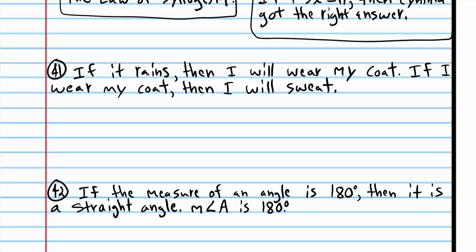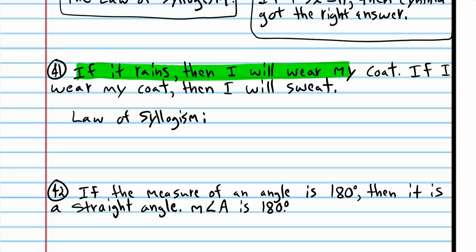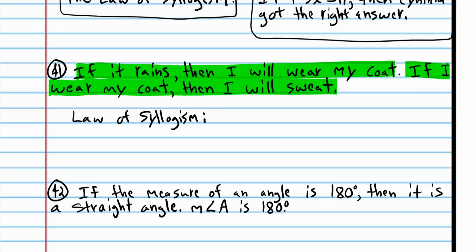All right, we're back. If it rains, then I will wear my coat. If I wear my coat, then I will sweat. So this is the law of syllogism. Because we have if x then y, and if y then z.